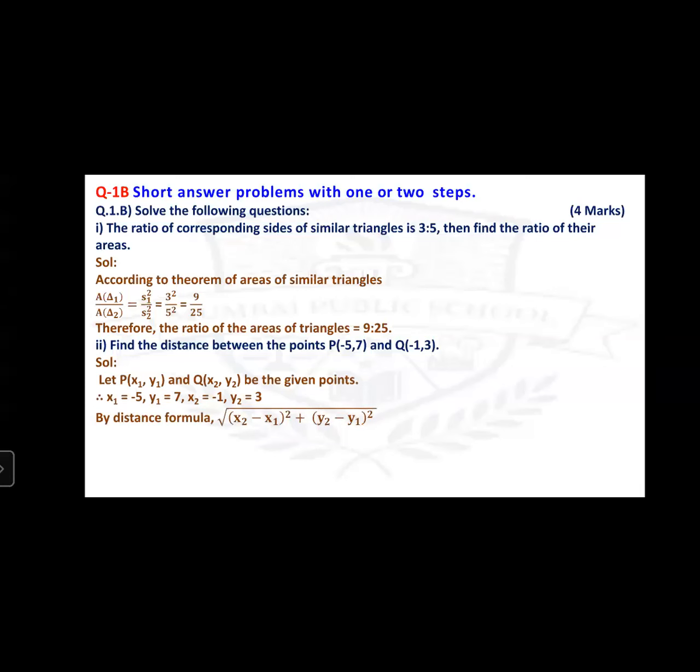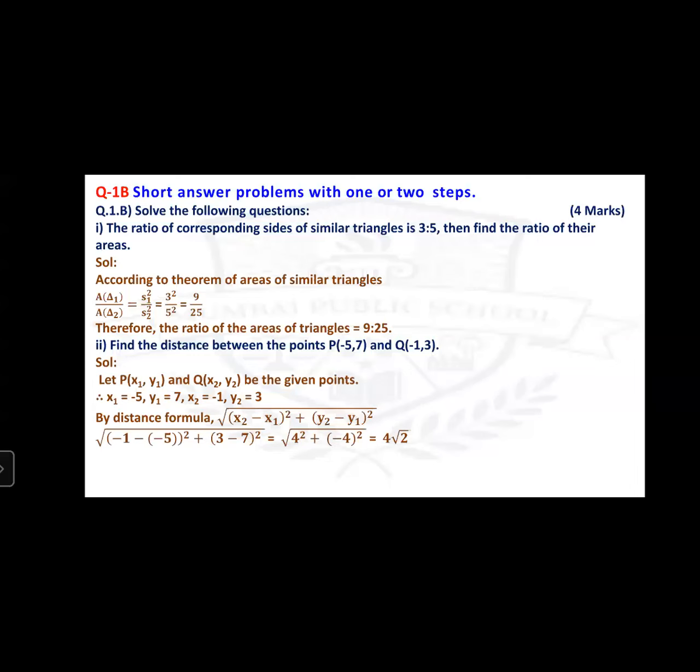Then substitute all the values. X2 is -1, minus of -5 square, y2 is 3, minus 7 square. So -1 plus 5 is 4. 3 minus 7 is -4. So 4 square is 16, and -4 square is 16. 16 plus 16 is 32.